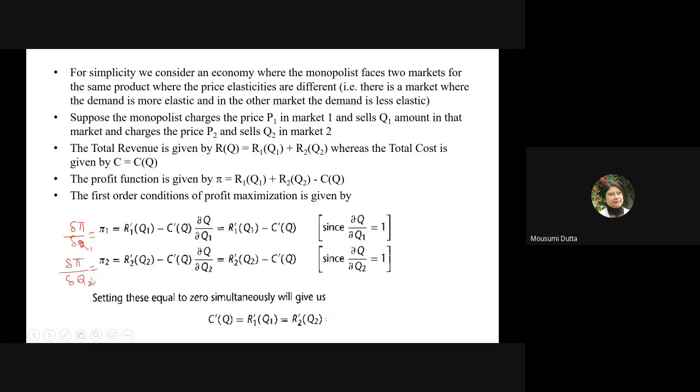Del pi by del Q2, set that equal to 0. By first order condition, set both del pi by del Q1 and del pi by del Q2 equal to 0.